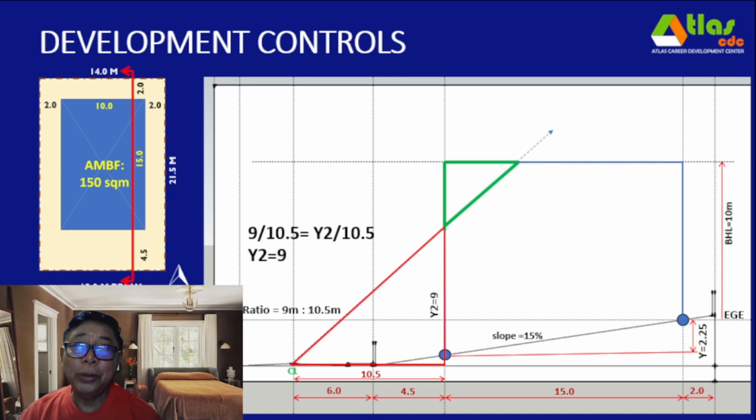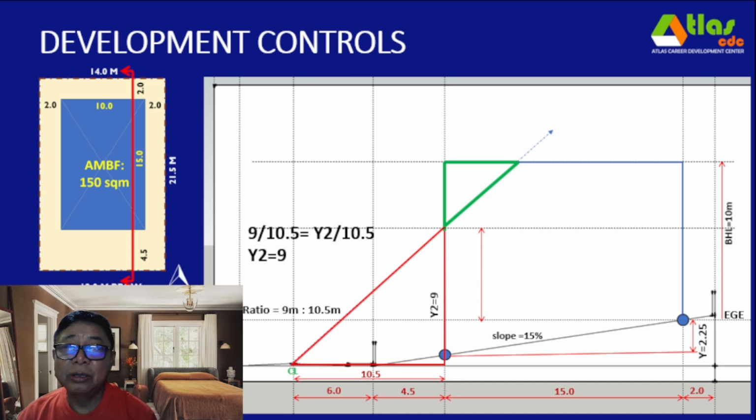So with that information, we can now find out the other possible missing dimensions. So this is one dimension which we have to determine, because we have already the overall height here from this point to there at 9 meters, and then from this point to this point is 2.25 meters.